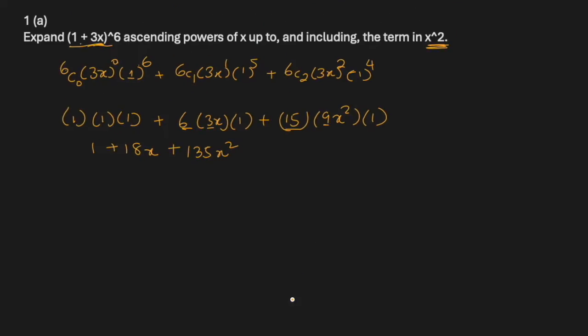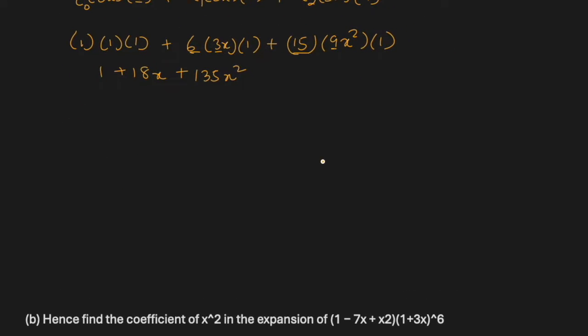Hence, find the coefficient of x squared in the expansion of this. So this part is already done here, right? Up to x squared, because x cubed cannot give x squared. That's why they asked us to stop at x squared here. So we'll use the same expansion here. So our first bracket is 1 minus 7x.